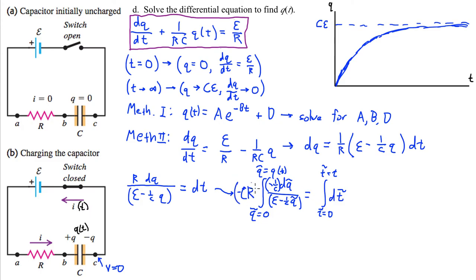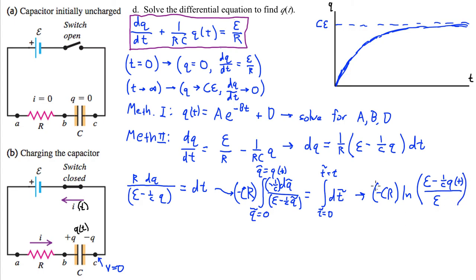So then the left side is going to be negative cr, and then the integral, when you evaluate it, is going to be natural log of EMF minus 1 over c times q squiggle evaluated here, which is going to be q of t, over EMF minus 1 over c, and q initially down here is 0, so this is just going to be minus 0, so I'm going to just leave that as that.